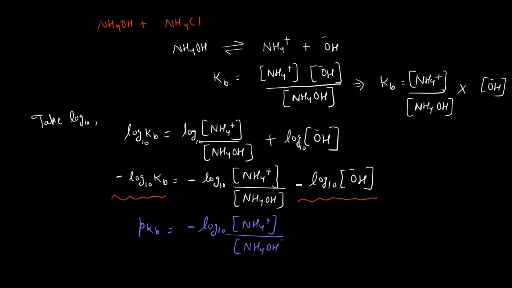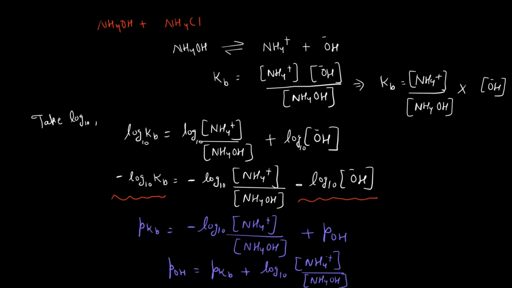The ammonium ion term over ammonium hydroxide remains the same, and minus log OH- is pOH. So we can rearrange this equation, and then we will have pOH equals pKb plus log to the base 10 of ammonium ion concentration divided by concentration of ammonium hydroxide.